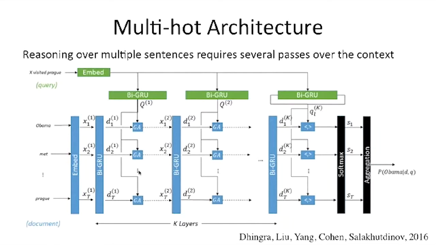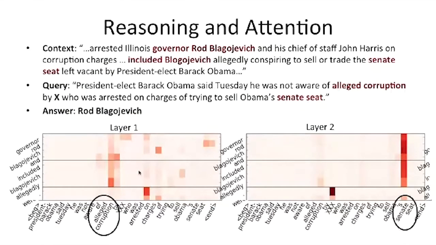So we see more and more development of these more complex architectures that are combining deep learning with recurrent neural networks.